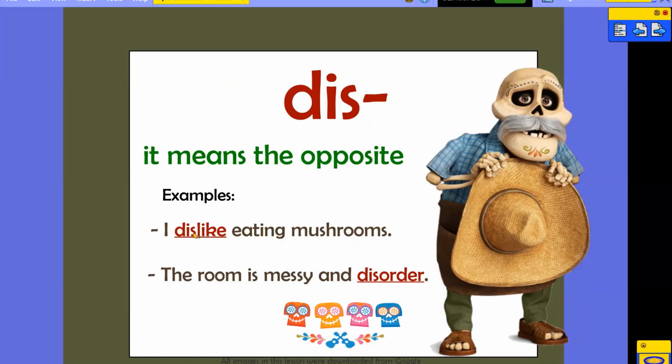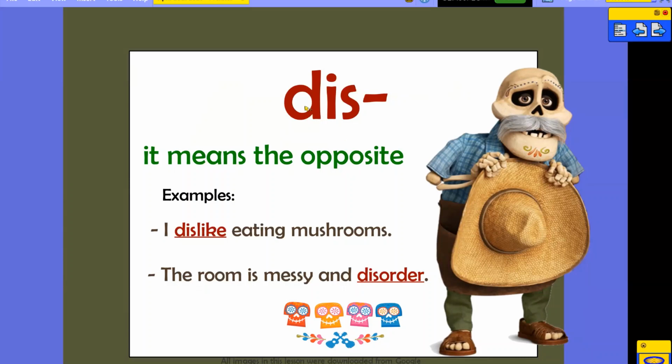Not liking, right? So it means I don't like eating mushrooms. If I say the room is messy and disorder, if I remove this, it means the room is in order. It is neat and organized, correct?